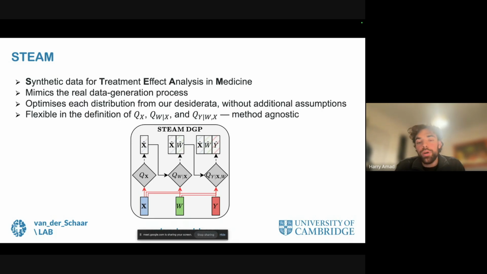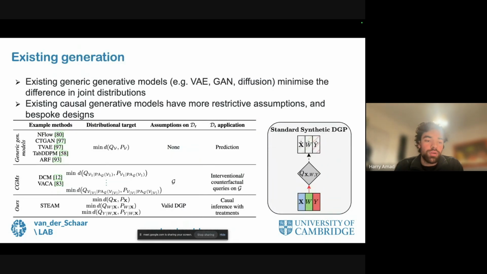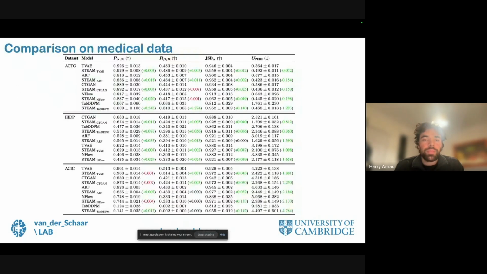And we experiment on a broad suite of different choices. And basically, we see that as long as we follow this general pipeline for generation, our metrics will perform better than if we try to generate according to the earlier joint or causal models. And we can see that in the next two slides. These are quite big tables, but you can see a lot of green in this table.